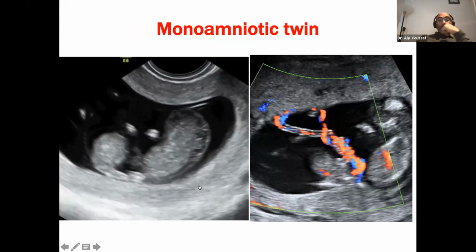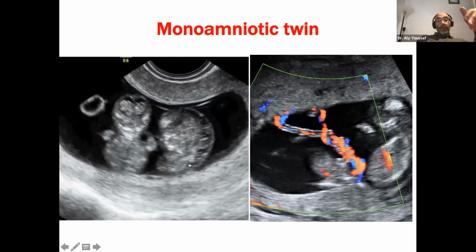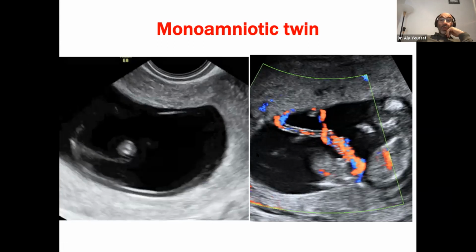Here we can see that both fetuses are included in one sac as early as 9 to 10 weeks. And a sign that is pathognomonic to diagnose monoamniotic twins is the cord entanglement. In a diamniotic twin pregnancy, you will never see this entanglement between the two umbilical cords, whereas in a monoamniotic twin pregnancy, this is almost the rule.